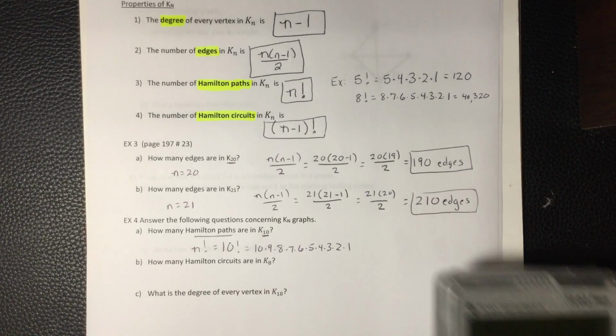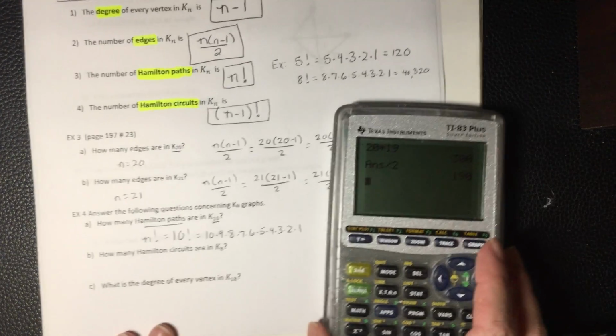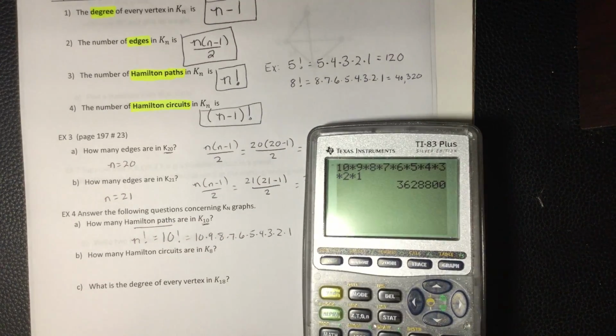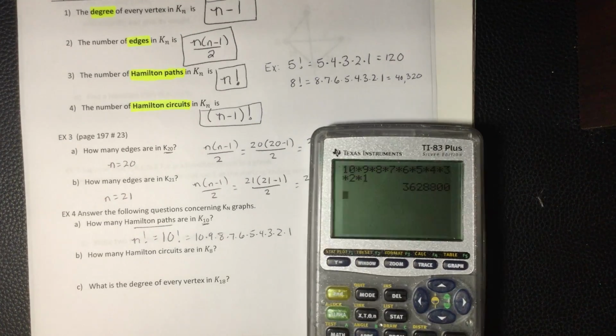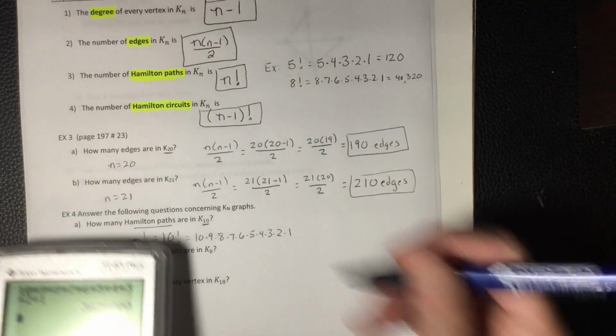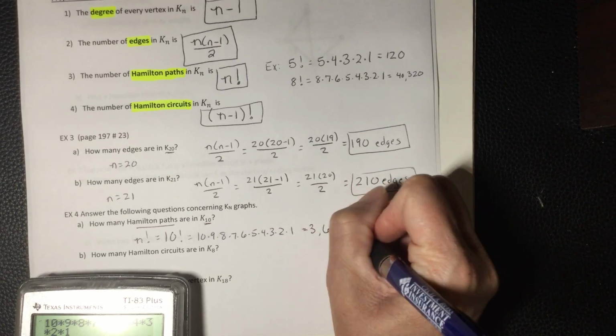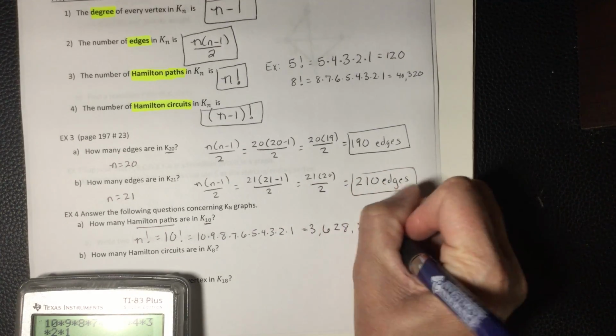Now some calculators have a factorial button, but it is kind of hard to find, so you can always just type it in. 10 times 9 times 8 times 7 times 6 times 5 times 4 times 3 times 2 times 1. And the answer is a whole bunch. It comes out 3,628,800. So that is a whole lot of Hamilton paths.